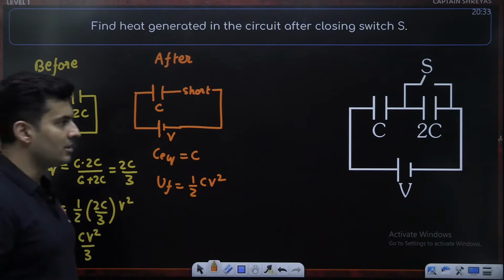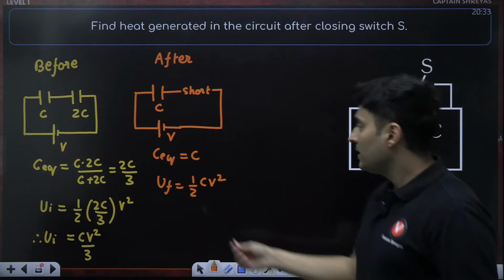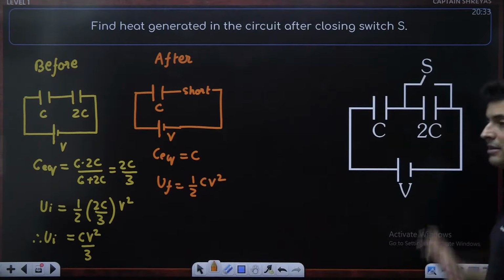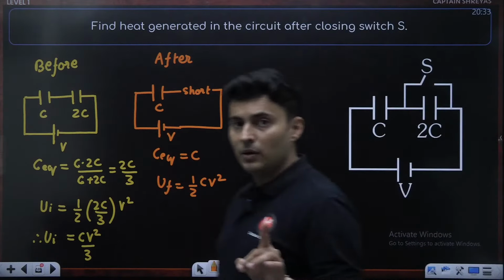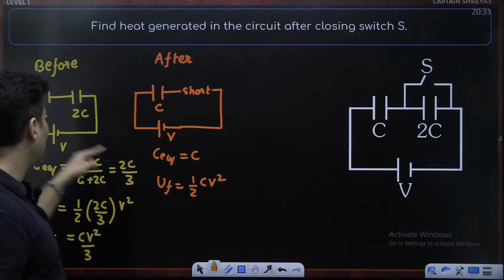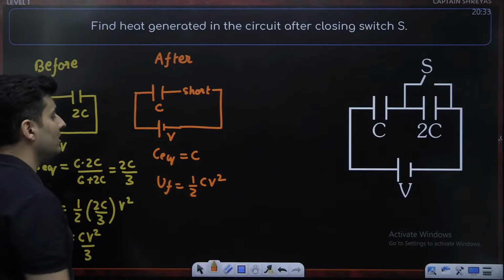That is the final energy stored. Now, I have seen a lot of people doing this. What they do is, sir, this is final, this is initial. Final minus initial is the heat generated. That is completely wrong. Do not do that, because some charge will also go through the battery. And if you do not calculate that, that will be a big mistake.